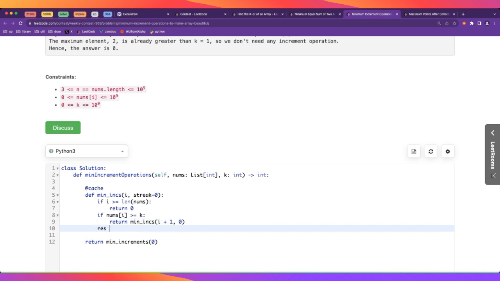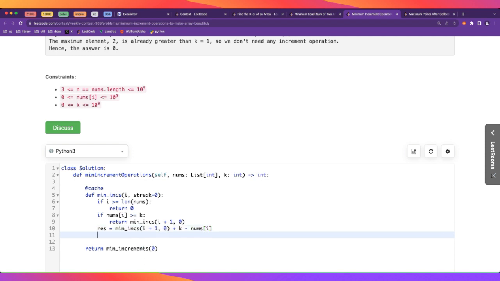And here we have the option of incrementing, which is going to be k minus nums i, the number of increment operations we need to get nums i to k, and we reset the streak.